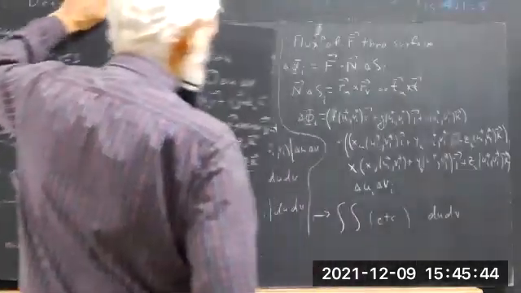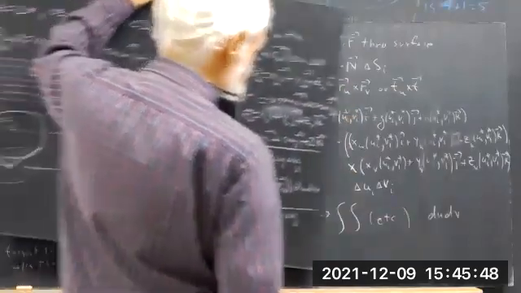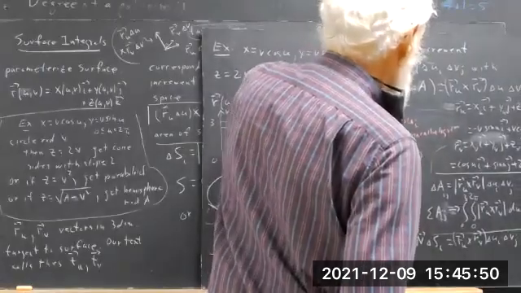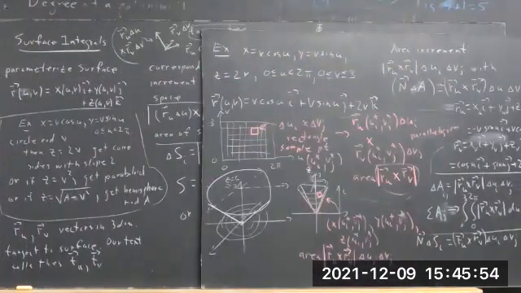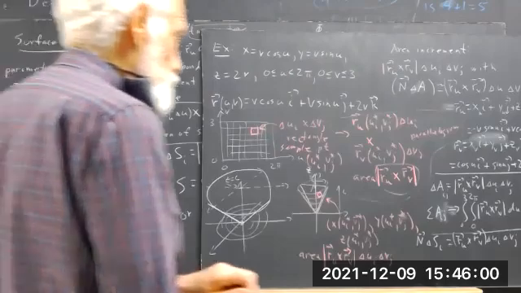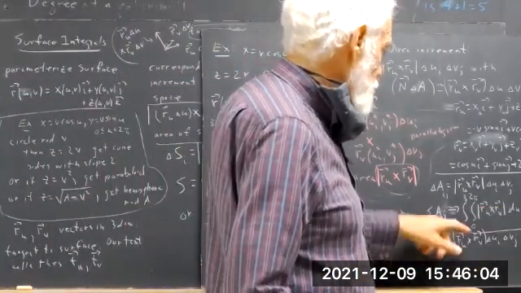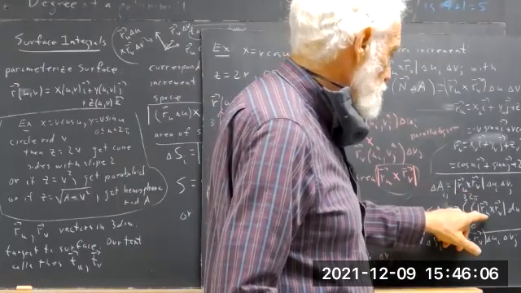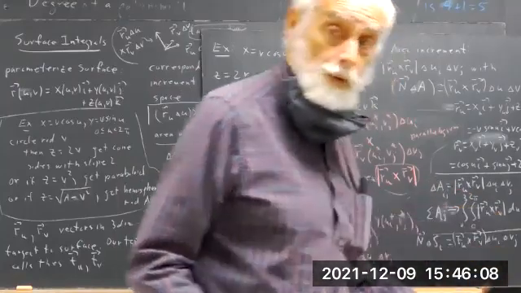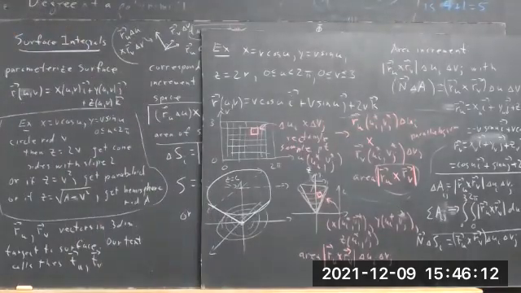We'll throw in a vector field here later, but let's not complicate it at the moment. Now we want to look at how we get the actual integral using this magnitude. Limits in the integral are pretty straightforward. We've just got to calculate RU cross RV and take its magnitude.